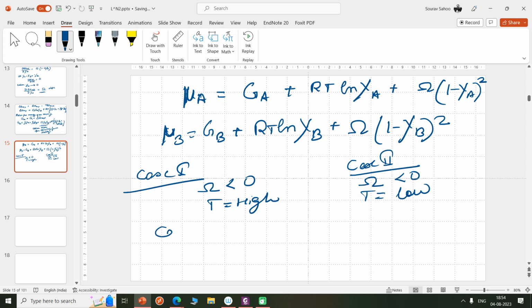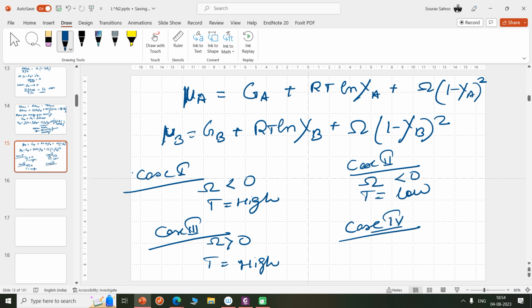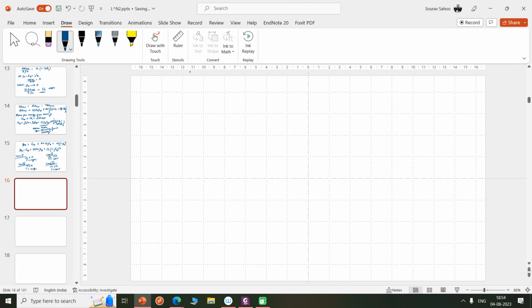Case 3, when omega is positive and temperature is high. Case 4, when omega is positive and temperature is low. So we'll see that this is a very special case.